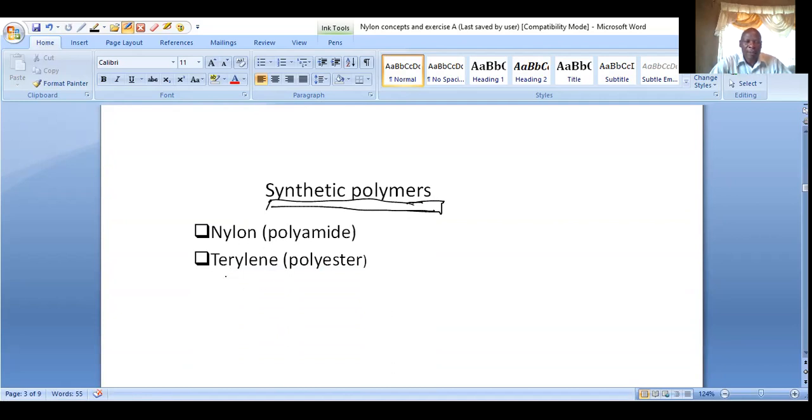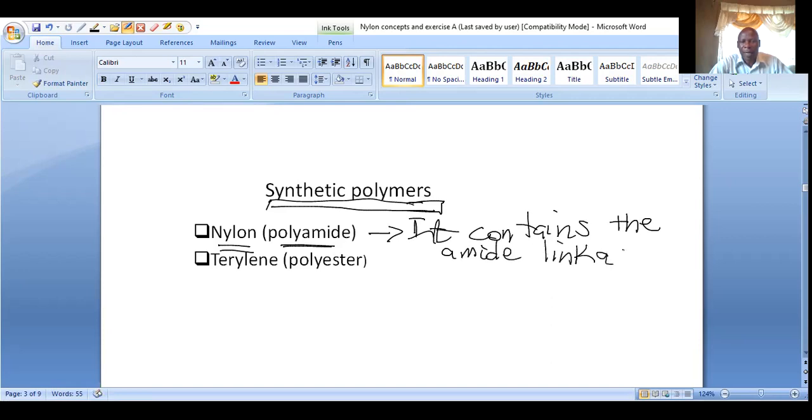Number 1 is nylon, which is also known as polyamide because it contains the amide linkage.